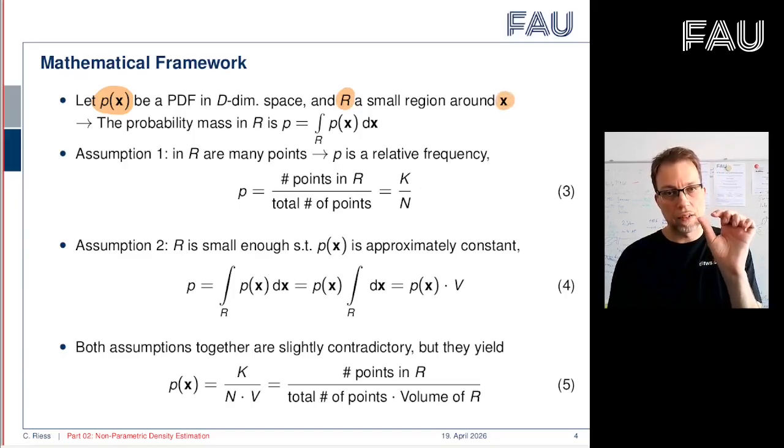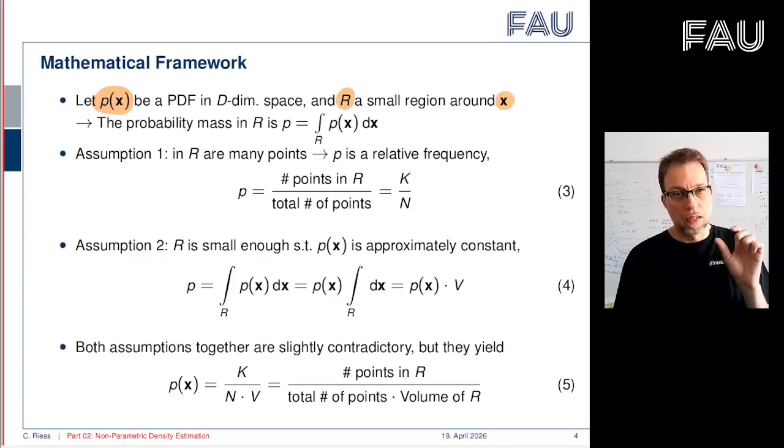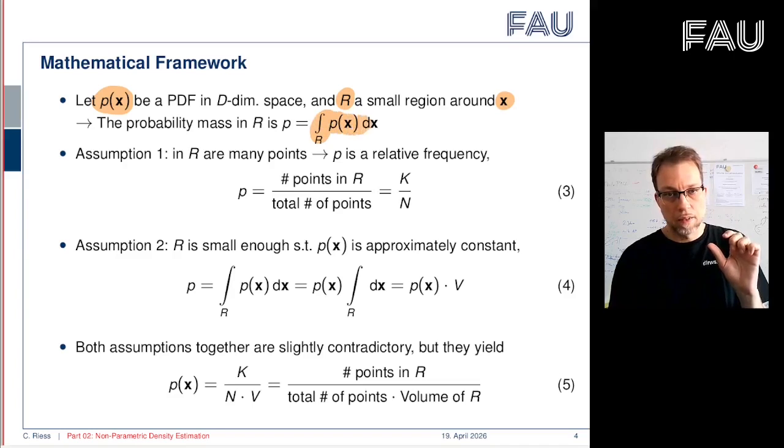So x now is a specific input. So the probability mass in that region R is just an integral over that region of P of x, integrating over this space x.